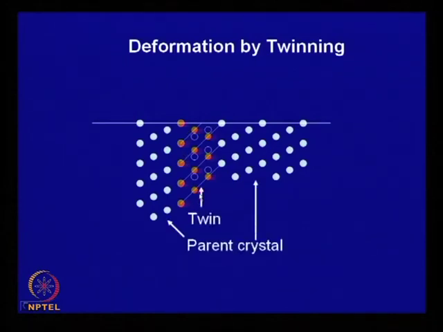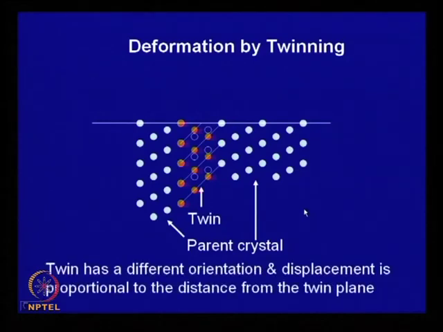Here this part is the twin, this is the parent crystal, and there is a definite crystallographic relationship between this and that. The twin has a different orientation, and displacement in the twin zone is proportional to the distance from the twin plane.